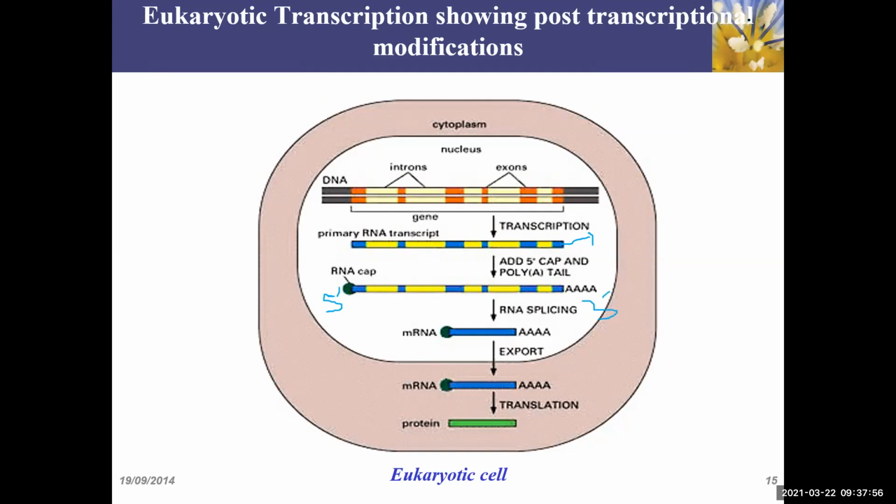At the 5' end, a methyl guanine is added. I will not go into detail about the chemical formations; we don't have to know all that. You simply have to know that 7-methyl guanosine is added on the 5' end.